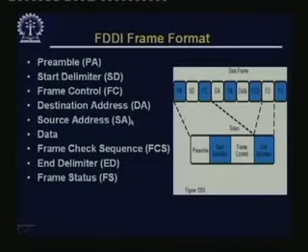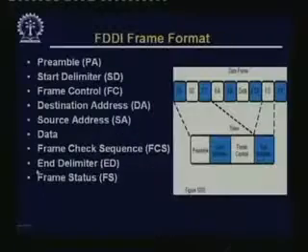We have a source address field, so a DA and then an SA field. We have the data, and a frame check sequence for some error control. By the way, error is not handled by FDDI. It allows other layers to handle the error if there is one, but you have to check for it. So, frame check sequence, end delimiter, and frame status.